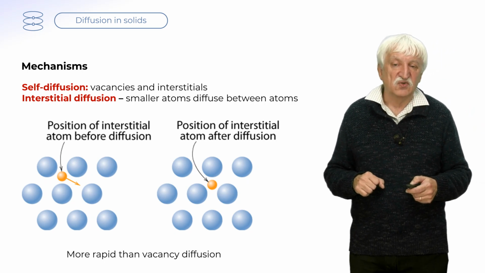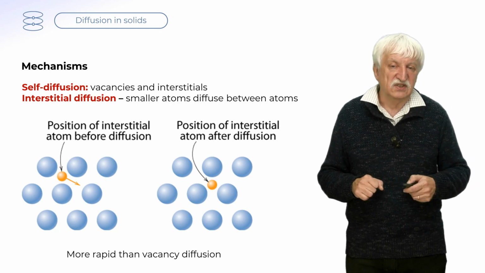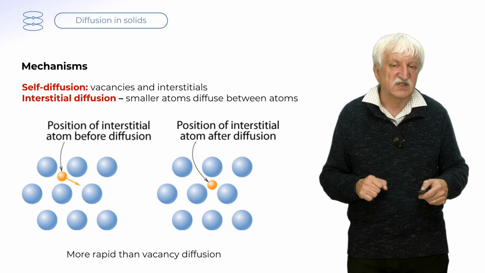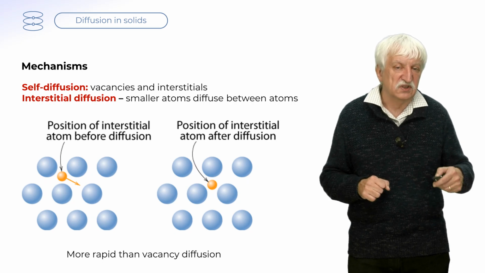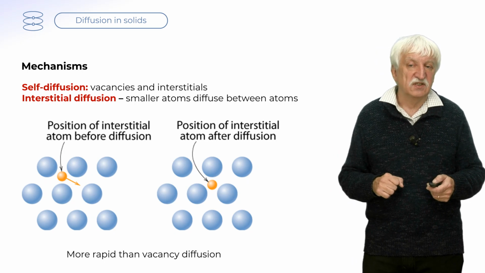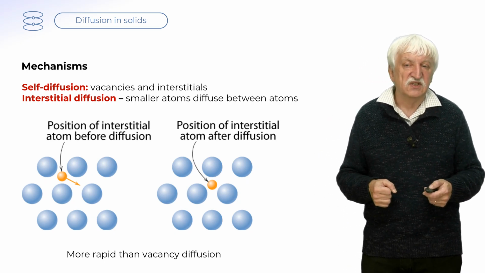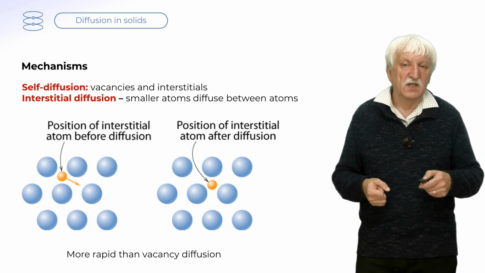And so this position can be changed, and as a result, these small atoms can be moved, diffused along the crystal. Such a mechanism of diffusion is called interstitial diffusion.